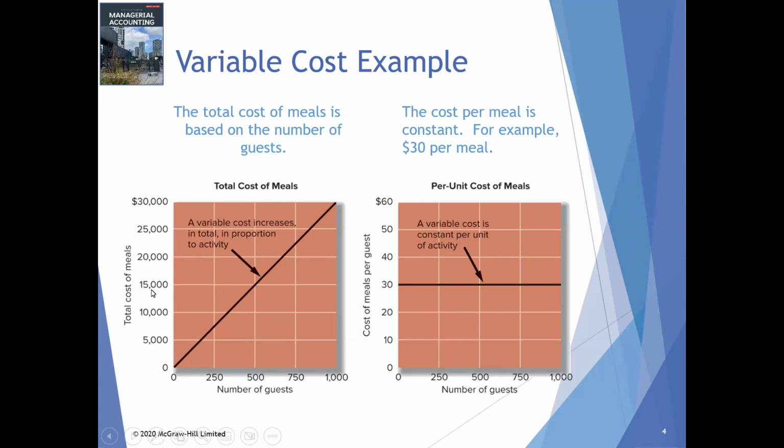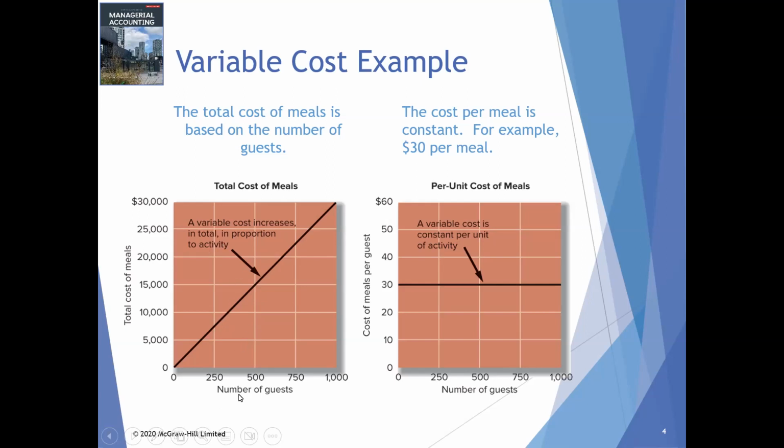The breakfast, lunch, dinner will be required by an increasing number of customers in some restaurant, for example. So the variable cost will increase in total, going up in proportion to the activity.